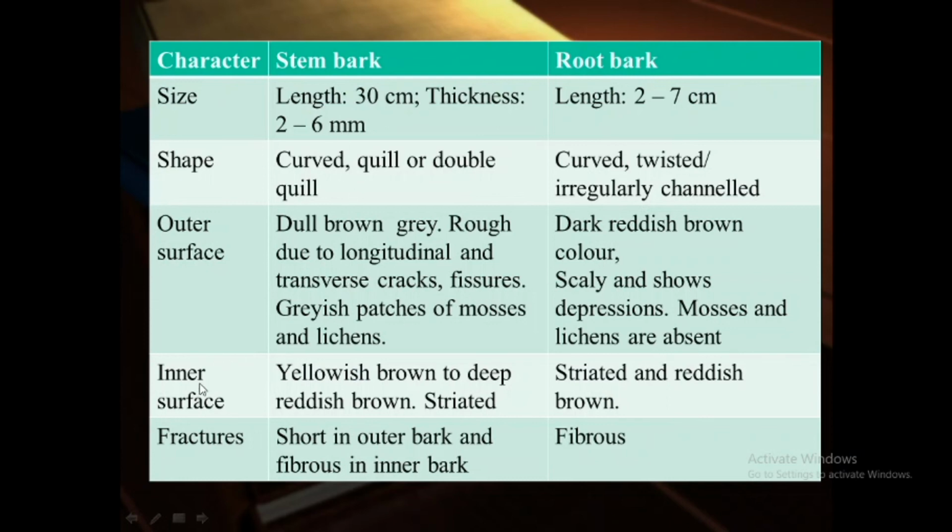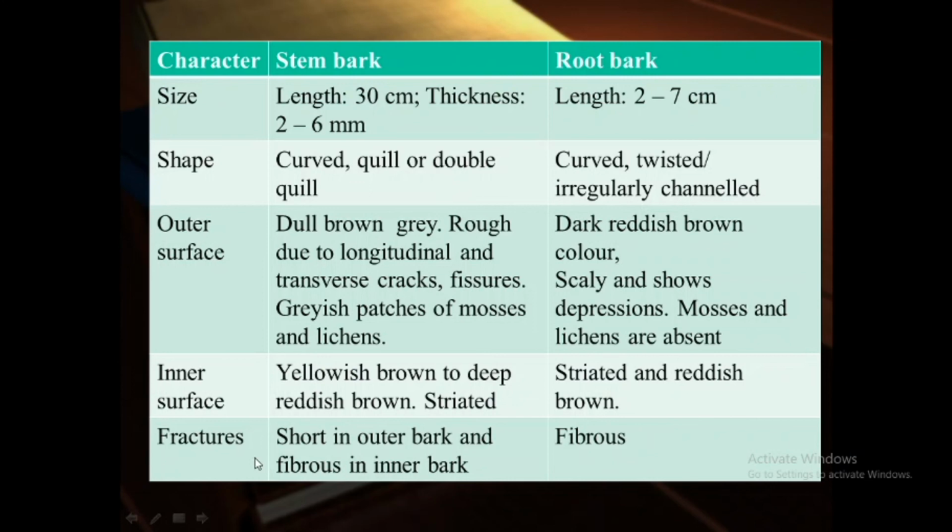The inner surface is yellowish brown to deep reddish brown and it is striated, whereas in case of root bark this inner surface is striated and reddish brown. So the inner surface color is also somewhat different in case of stem bark and root bark.